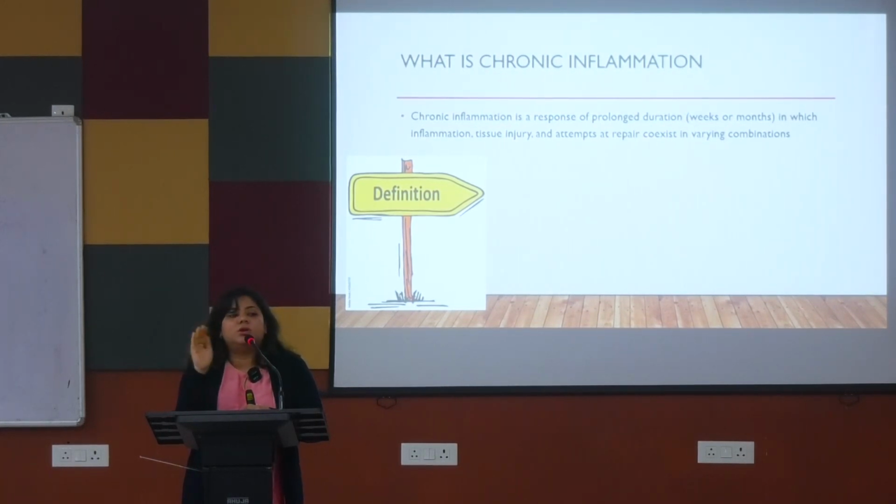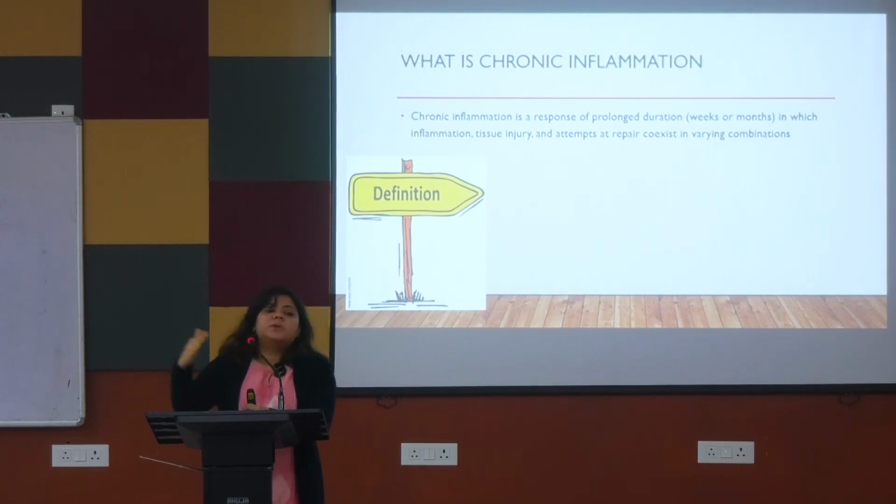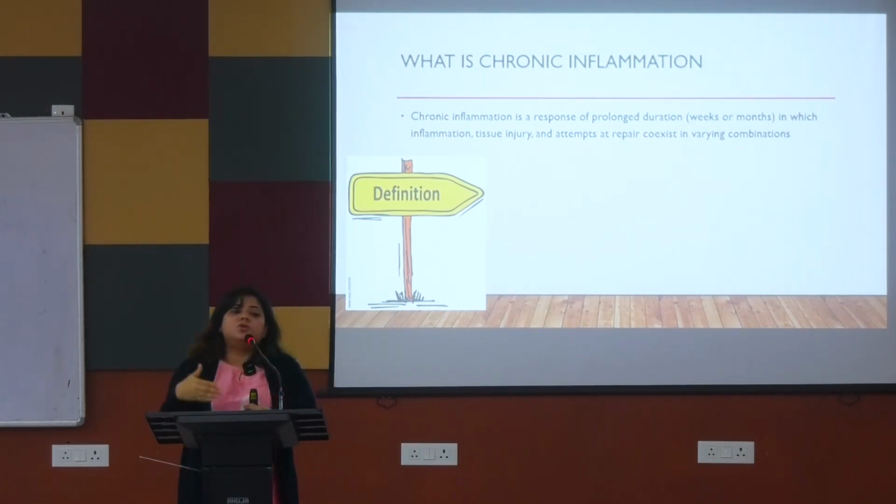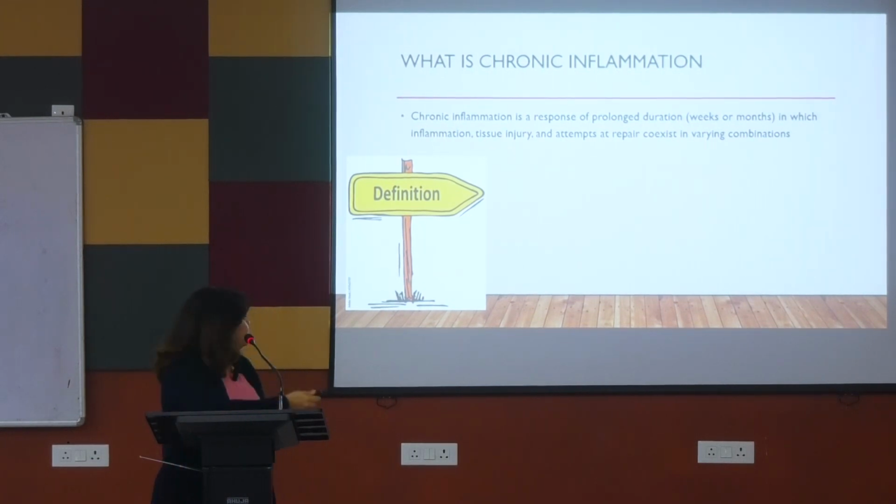So neutrophils are not just limited to acute inflammation. They can be found in chronic inflammation as well, right? So some types of chronic inflammation show a predominance of neutrophils also. So anyway, these cells will be there. There will be attempts at repair also, as opposed to acute inflammation. In acute inflammation, there is hyperemia, there might be necrosis, and along with that, there will be many neutrophils, right?